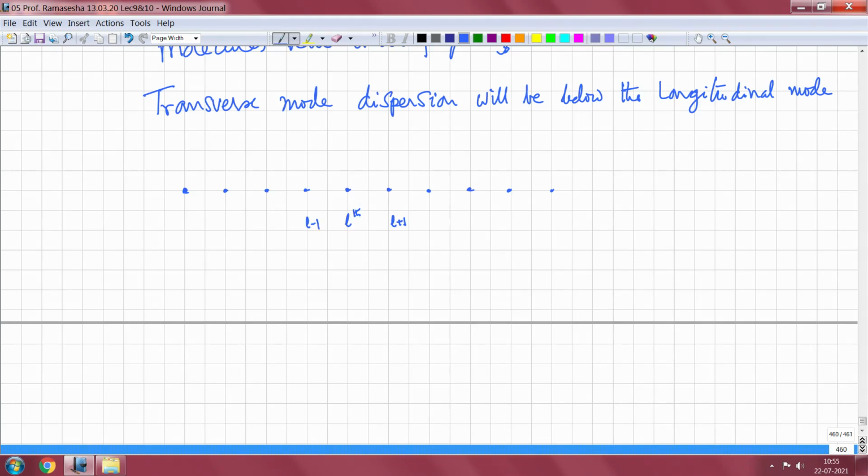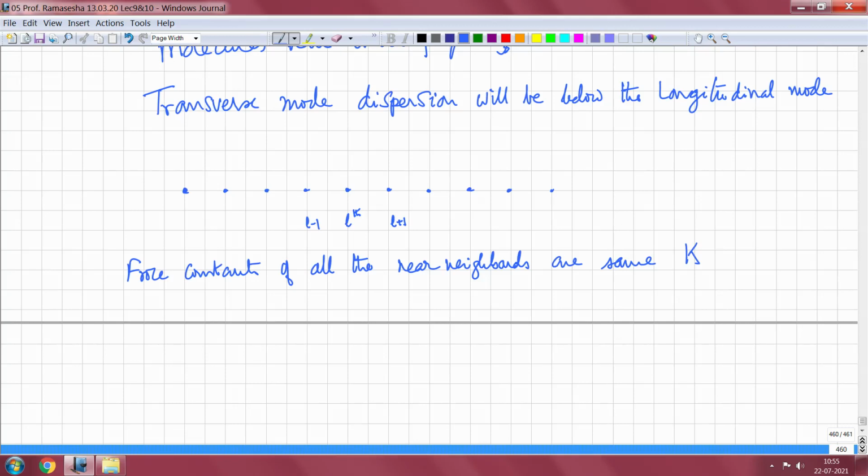So let us say that the force constant of all the near neighbor bonds are same and given by capital K. Unfortunately, I use small k for the wave vector. If I had used q, this confusion would not have been there.